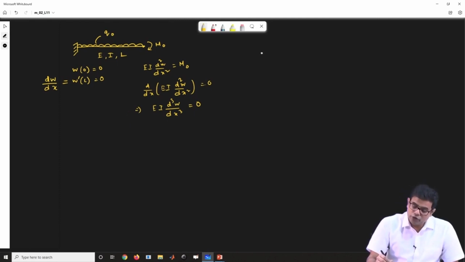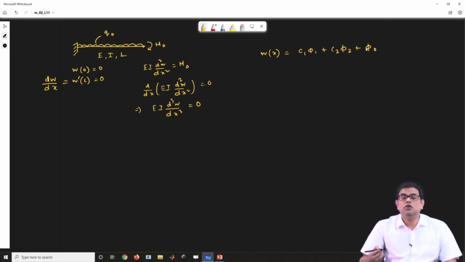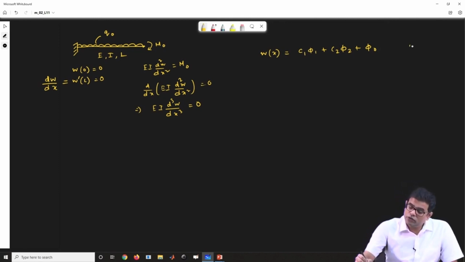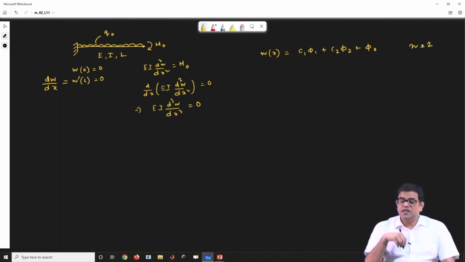Again I have to approximate my w. I can approximate like this, let us say C1 phi 1 and C2 phi 2. Then again I have to choose phi 0. Here I am considering n equals 2 like in the previous example.